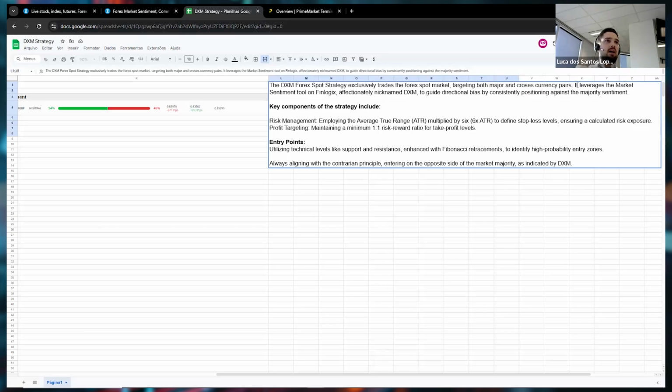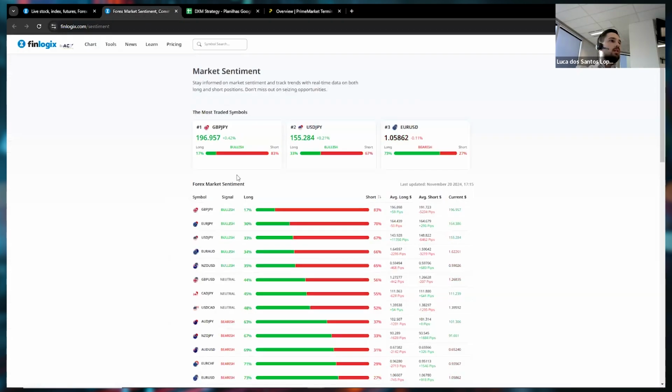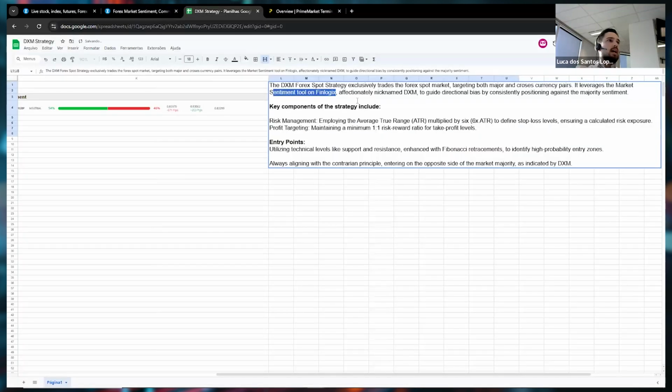Currency pairs. The strategy leverages the market sentiment tool on FinLogix. We're going to get there in a second. I've nicknamed it DXM. I just like the name; it's just my strategy name, you can call it whatever you like. It guides directional buyers by consistently positioning against the majority sentiment.